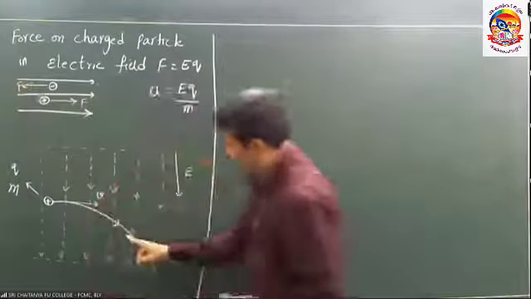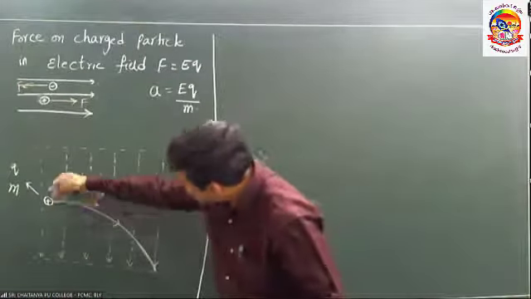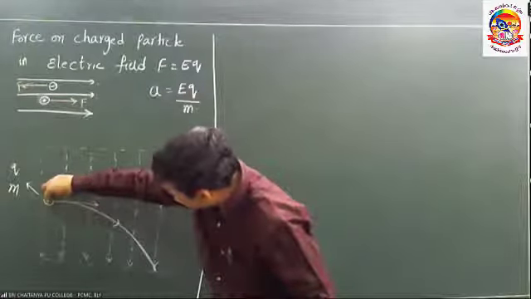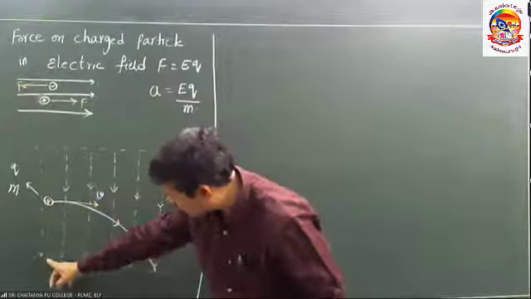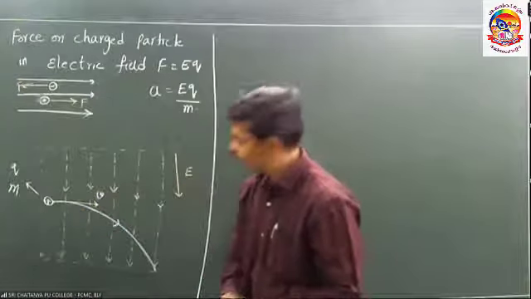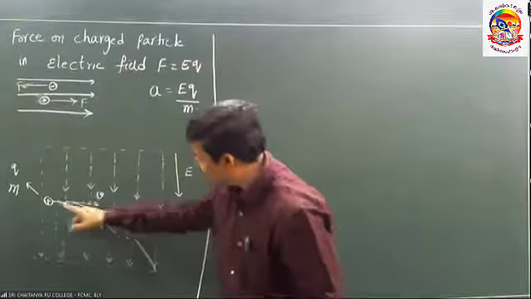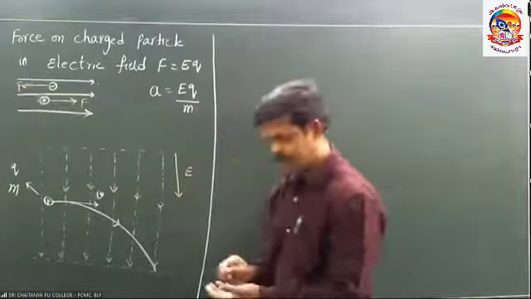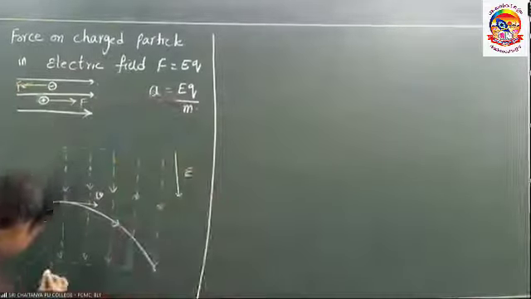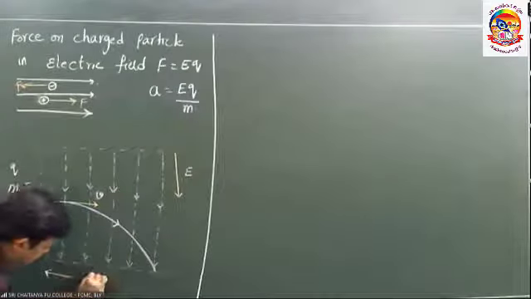Here if you observe the diagram, if you release from here to this final point, it has vertical displacement, and horizontally it has some horizontal displacement, right? This is its horizontal displacement.